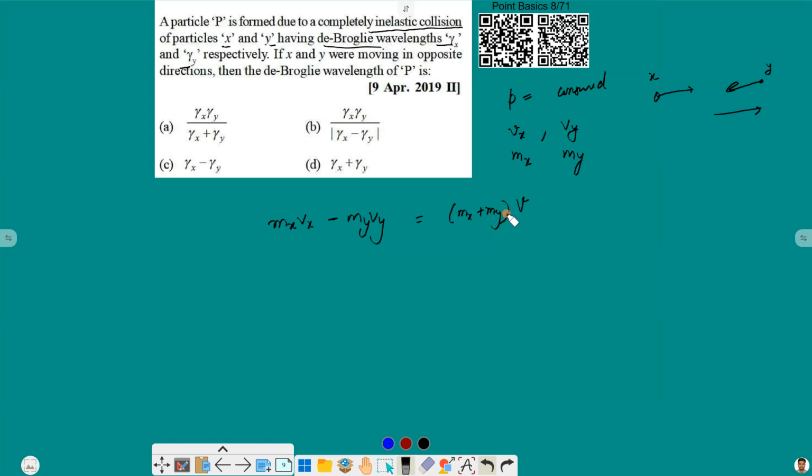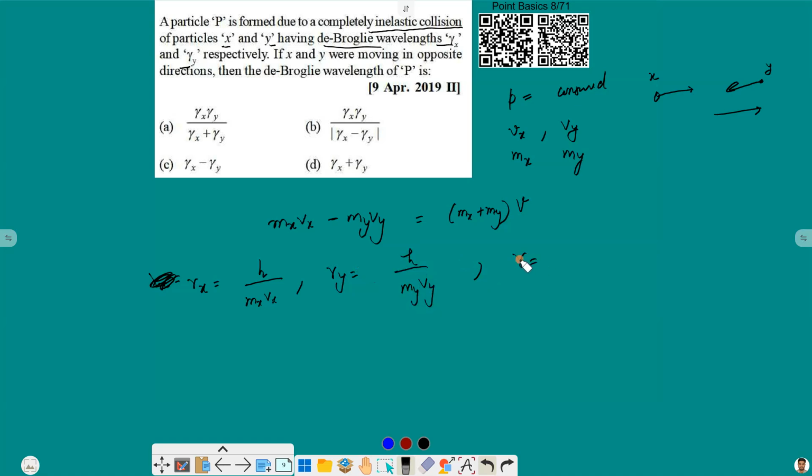Now in terms of lambdas, what can we write? Here it is mentioned as gamma, so let us write gamma. Gamma of x will be h by mx vx. Gamma of y will be h by my vy.